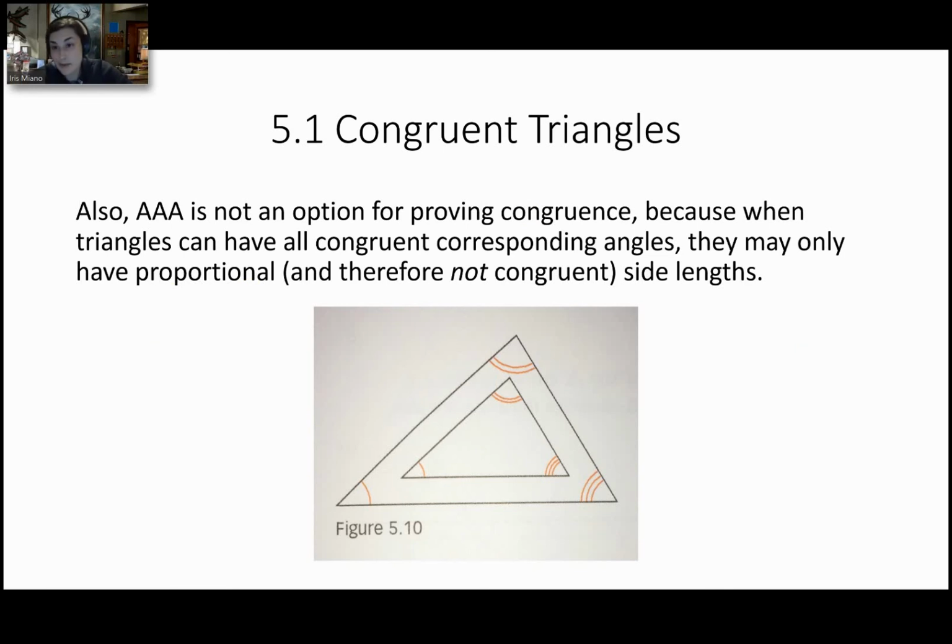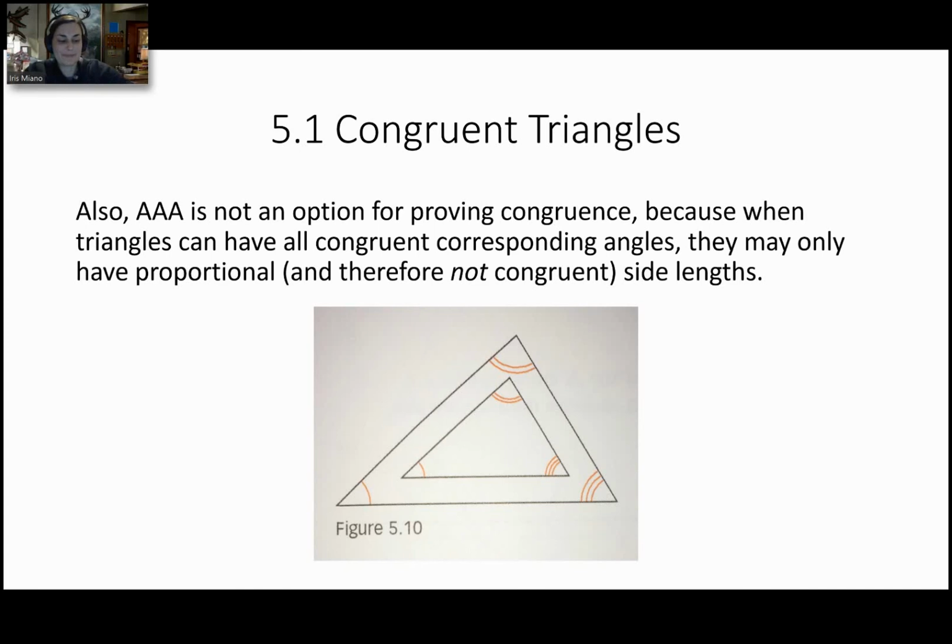We're not going to use it right now, but we will use it later when we talk about similarity, because hopefully I can say with some clarity that the two triangles you see in figure 5.10 are similar. Indeed, I think everyone would agree with that.